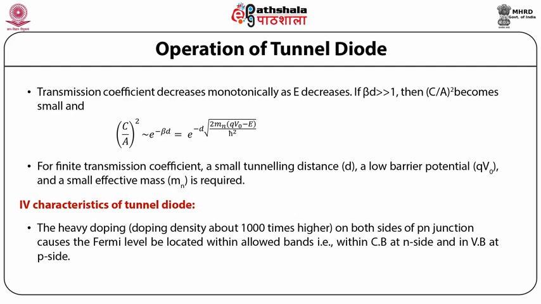The heavy doping causes the Fermi levels to be located within the allowed bands, that is, within the conduction band on the N side and in the valence band on the P side.